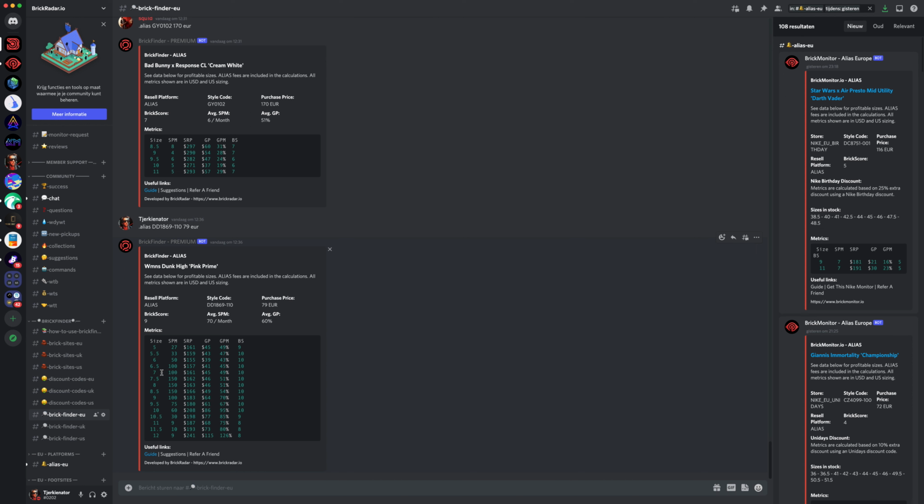So again, we have the size, the SPM, sales per month, SRP, which stands for suggested resale price, and that's basically the price where you can sell the shoe for. GP is gross profit based on the price where you bought, like your purchase price, and also the SRP. GPM, gross profit margin, and again the brick score per size, right? So yeah, that's basically it.